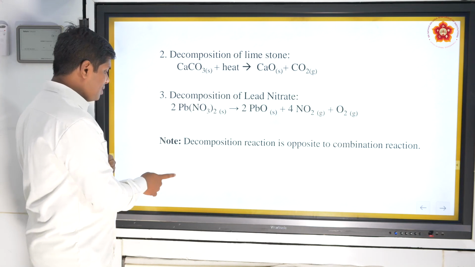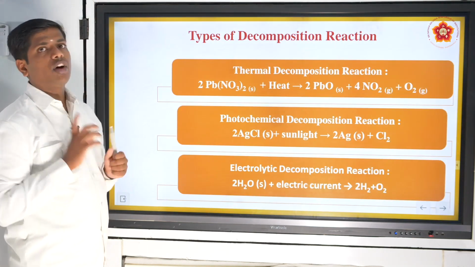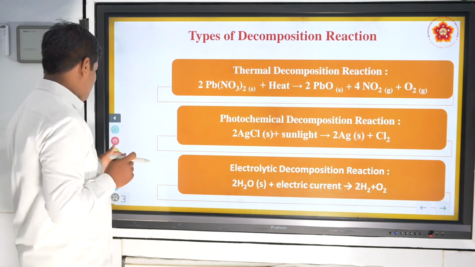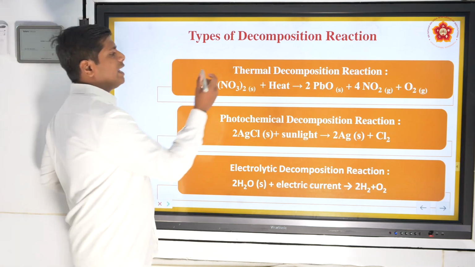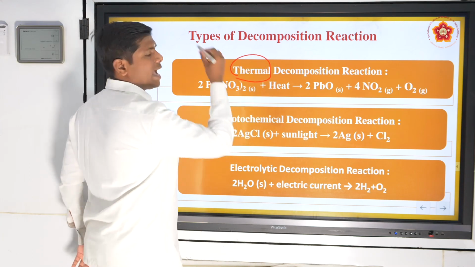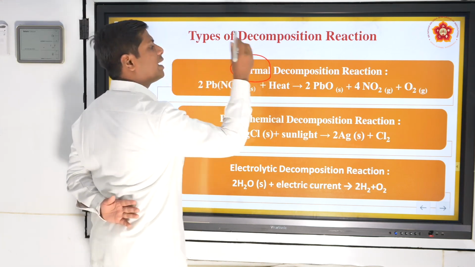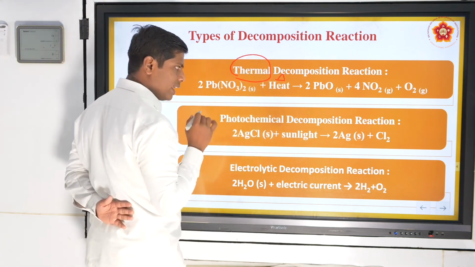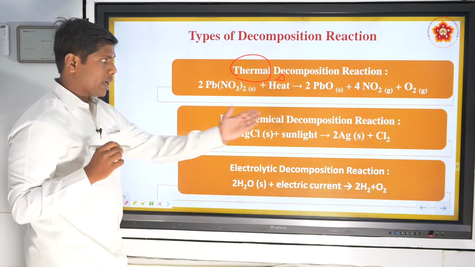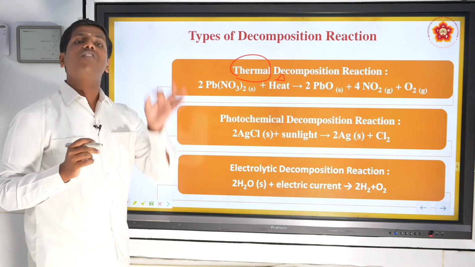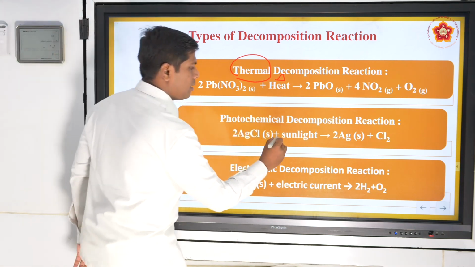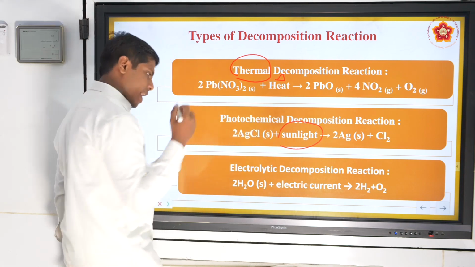Next, let us look at the types of decomposition reaction. Very simple. Thermal decomposition means the reaction takes place in the presence of heat. That is known as thermal decomposition reaction. Photochemical decomposition reaction means the reaction takes place in the presence of sunlight. That is photochemical reaction.